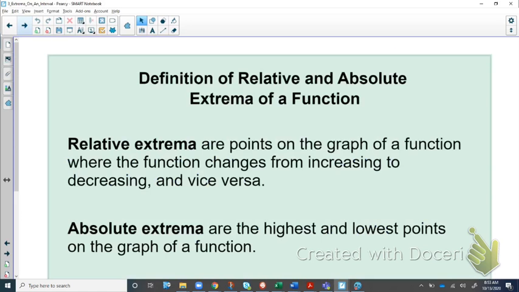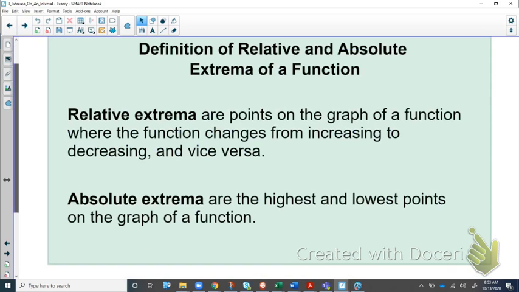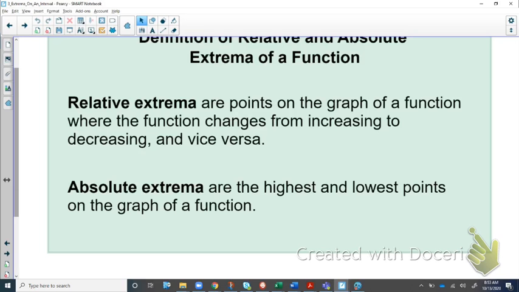So here you may need to pause the video so you can write down these definitions, because I don't believe they're actually written for you in your notes. Relative extrema: points on the graph of a function where the function changes from increasing to decreasing and vice versa. So for instance, on a polynomial, you might have multiple places where a function is increasing or decreasing.